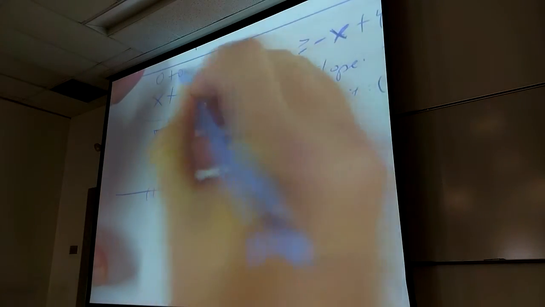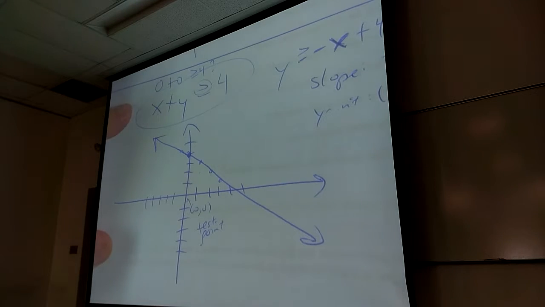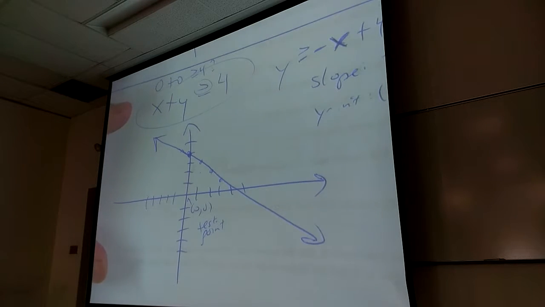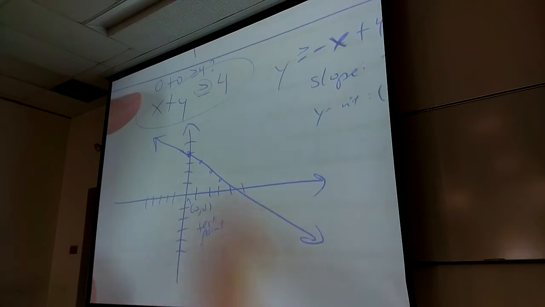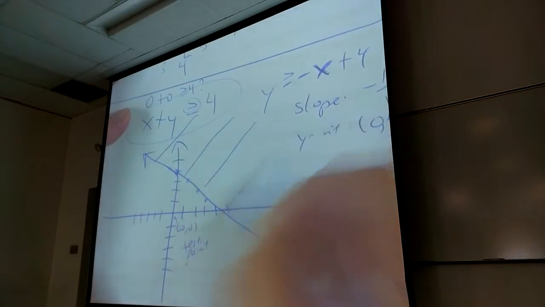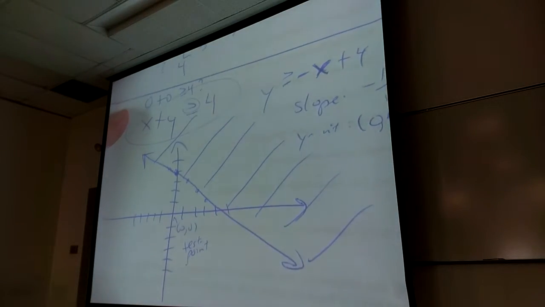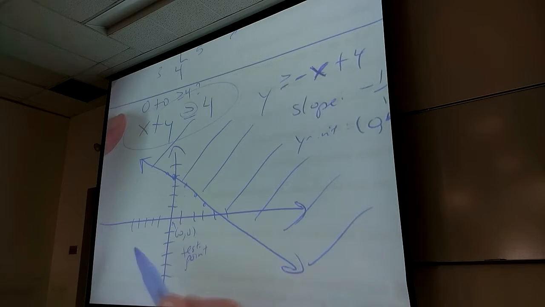Is 0 plus 0 greater than or equal to 4? Is 0 greater than or equal to 4? No. So this entire side must be the non-answers. The other side are the answers. So every point on this side would work. No point on this side would work.